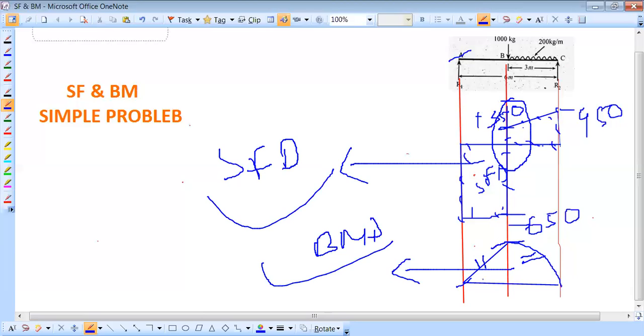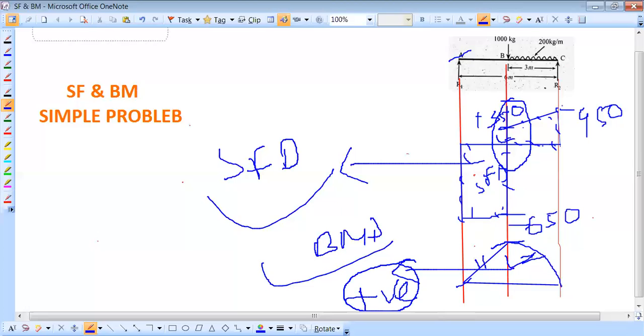When you draw the BM diagram of a simply supported beam, remember it is always positive. But in a cantilever it is always negative. So this is the BMD and this is the SFD.